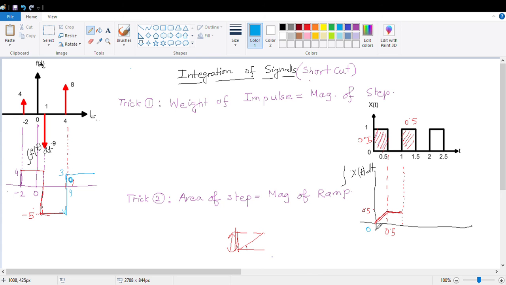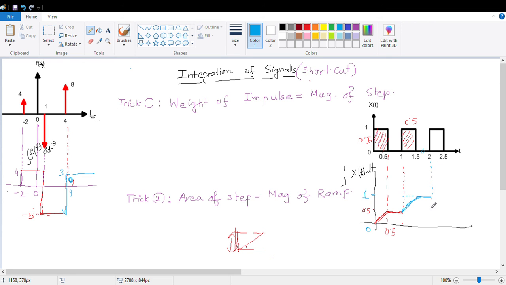That means from 0, it is basically 1. So the ramp will go for another 0.5 magnitude. Next, as there is nothing here, it will remain at that value 1 with 0 slope.